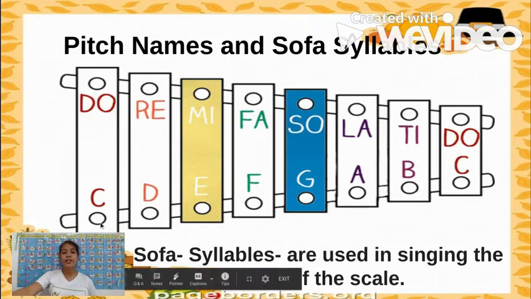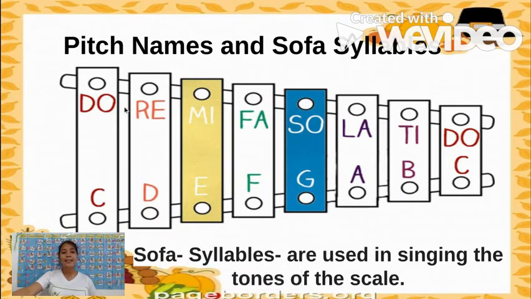If I ask you what the solfa syllable for C is, that's do. For D, re; E, mi; F, fa; G, sol; A, la; B, ti; C, do. Got it?